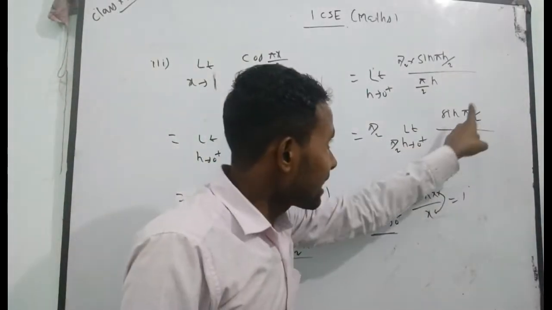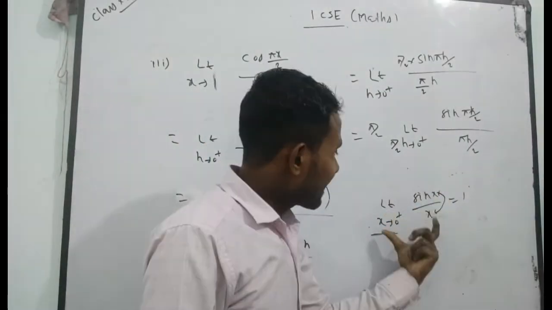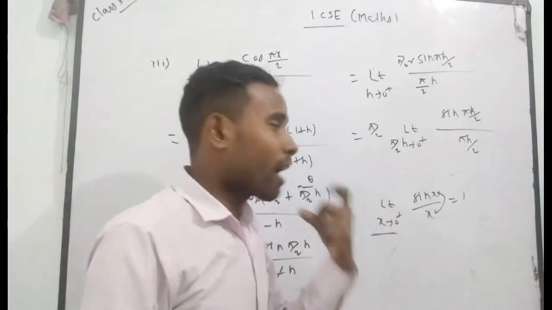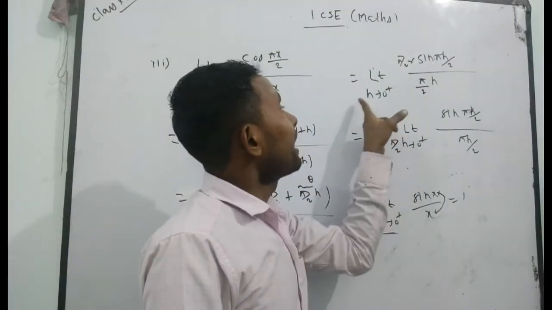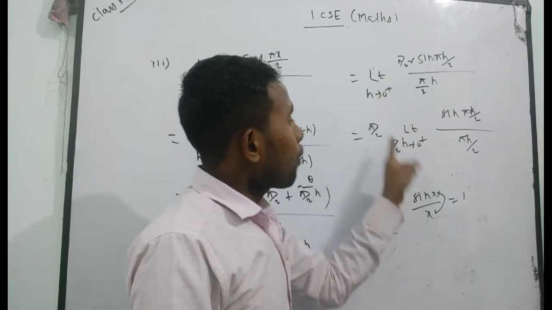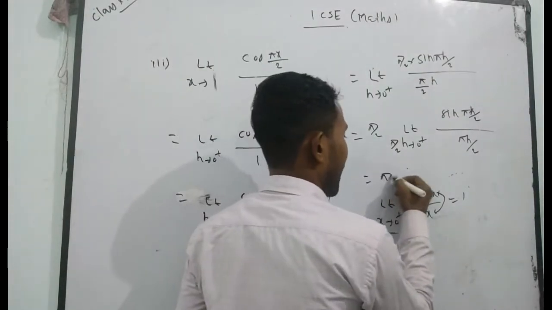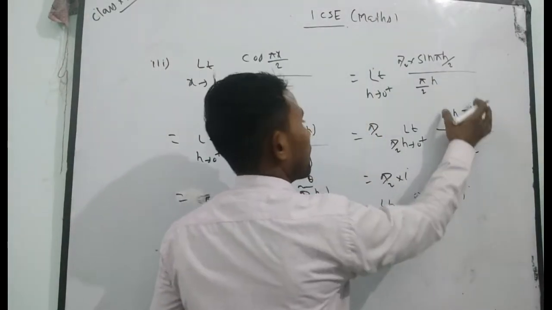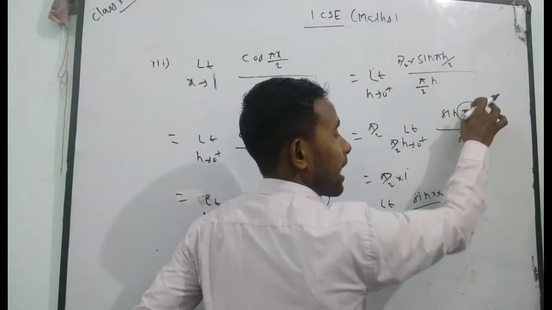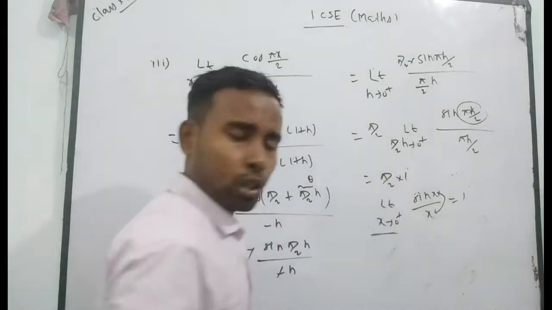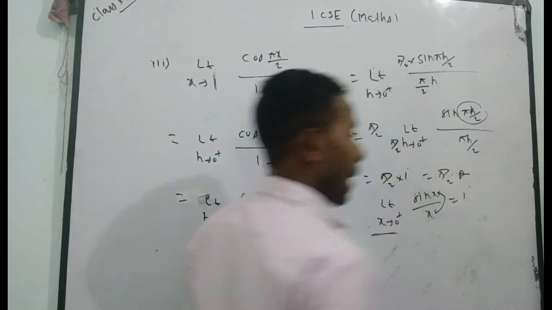For balancing this angle and taking it in the standard formula, I have multiplied by pi by 2, which will remain the same. So it will be pi by 2 into 1, because if pi h by 2 is x, then sin x by x approaches 1 if x approaches 0. This is the concept behind it. So its final value will be pi by 2.